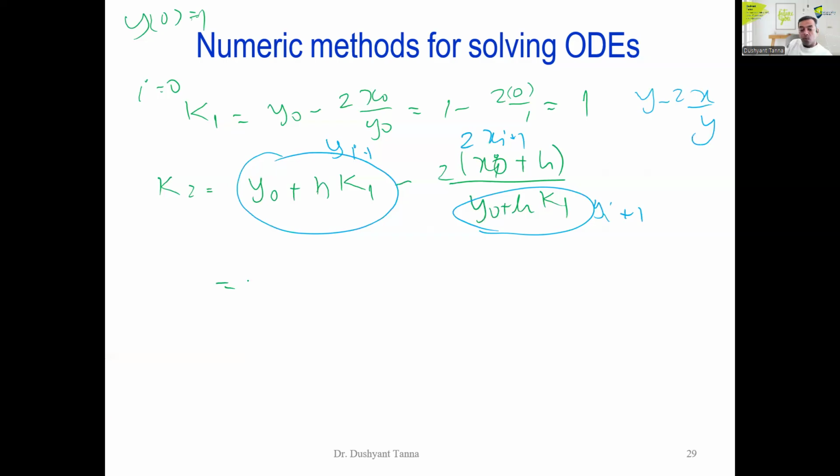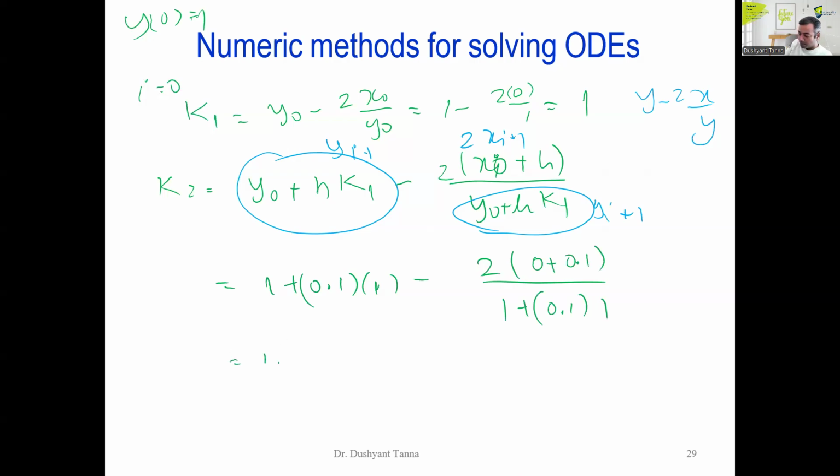Right, now we plug in the values we know. Y0, which was 1, h, which is 0.1, k1, which is 1, minus 2 times x0 plus h, where x0 is 0 and h is 0.1, divided by y0, which is 1, plus h, which is 0.1, times k1, which is also 1.